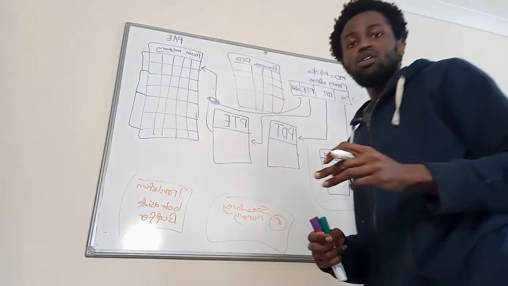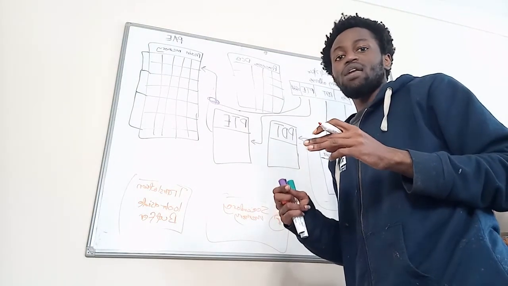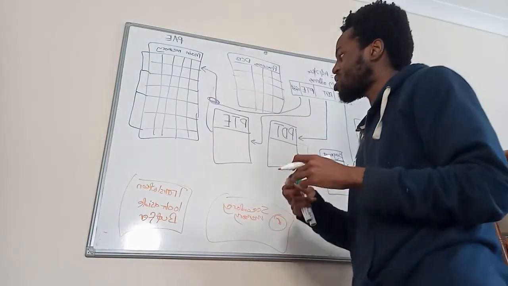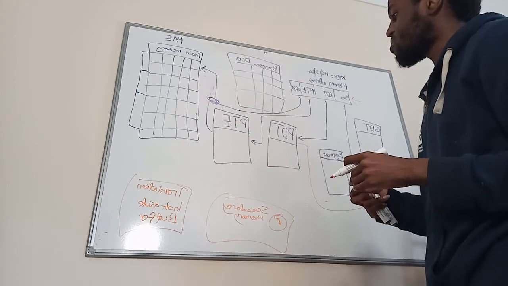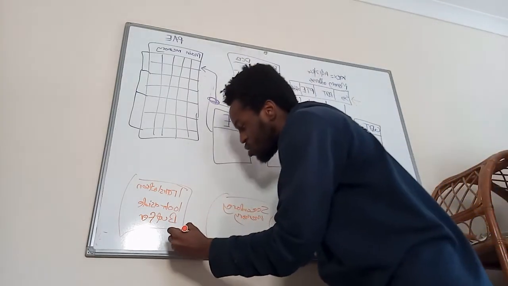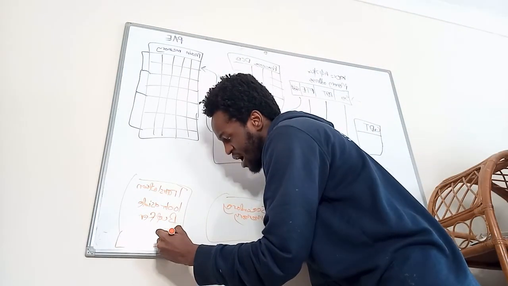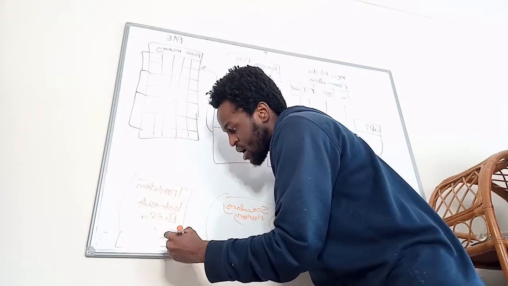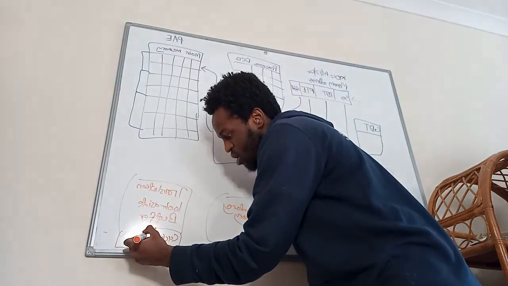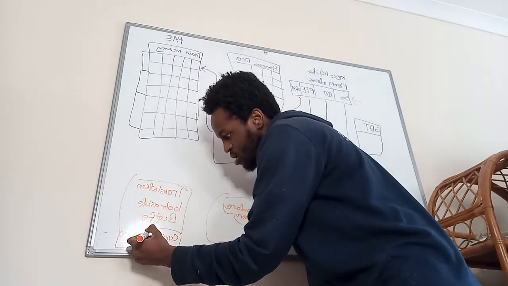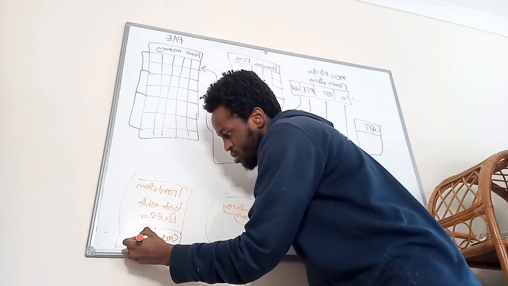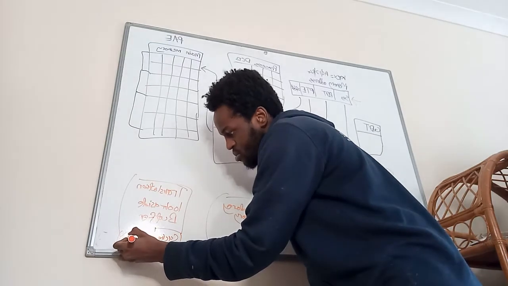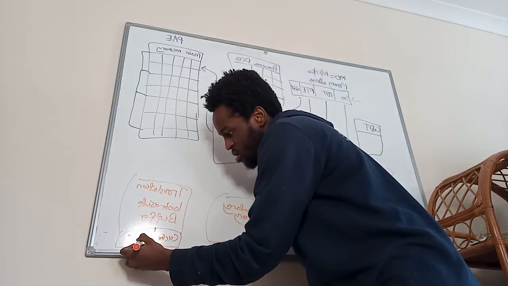So we have a translation look aside buffer, and then what that enables us to do is that it enables us to have somewhere to cache memory. We have somewhere to look up secondary memory.